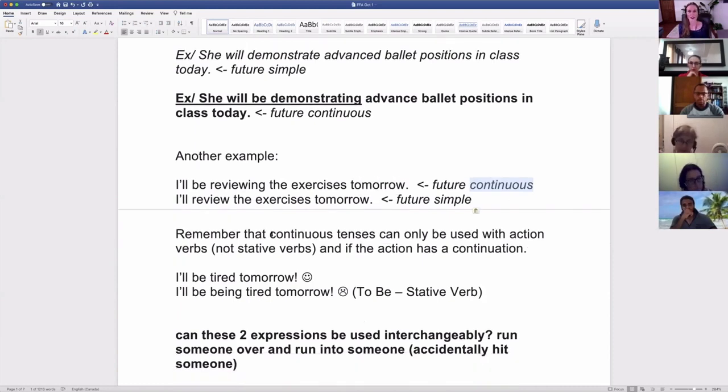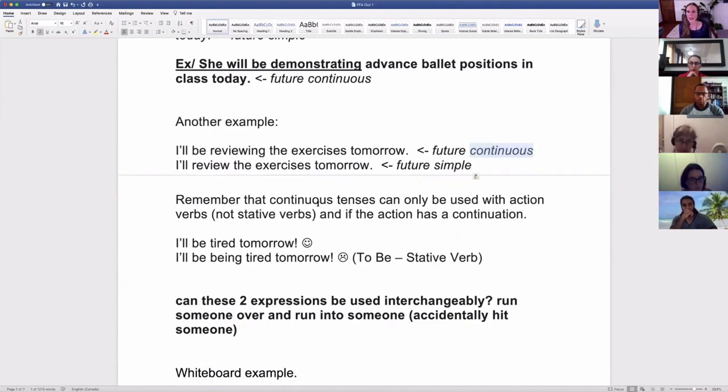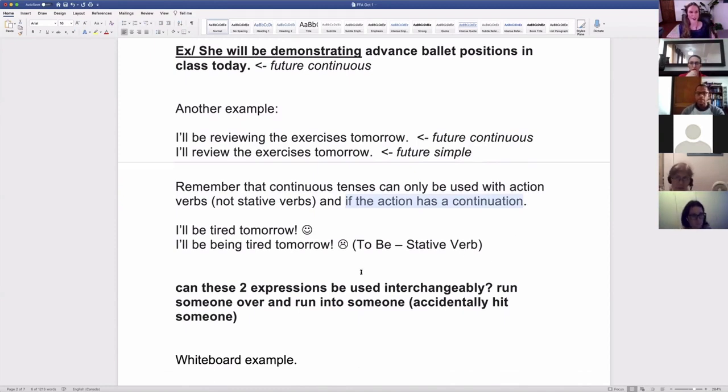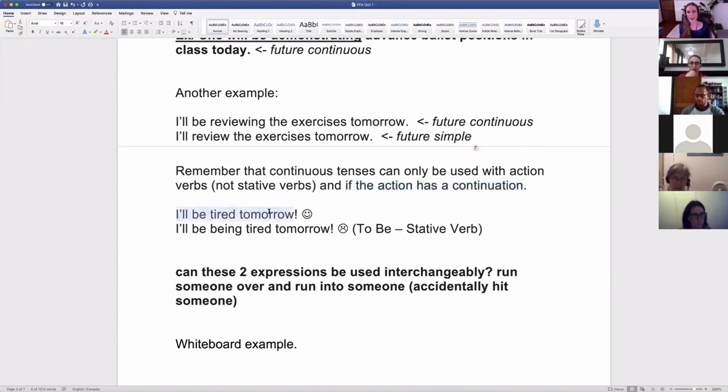Now, just an important note, just remember continuous tenses, any continuous tense, so any tense that's in ing, can only be used with action verbs, so not stative verbs. And it can only be used if the action has a continuation. Many actions don't happen over a period of time. They just happen in an instant, okay? So for example, I'll be tired tomorrow.